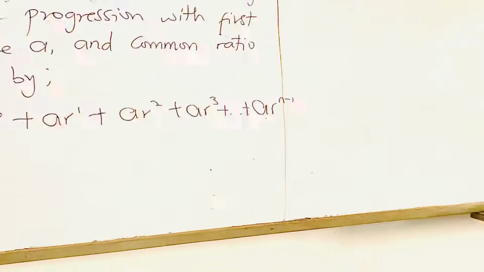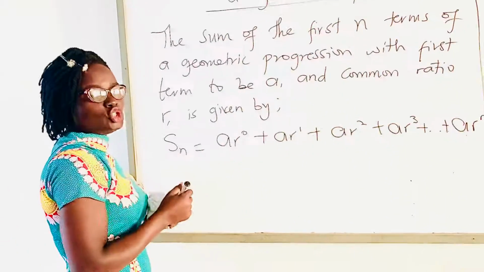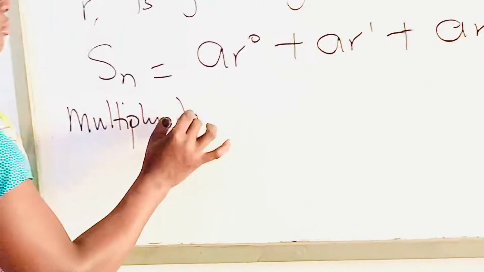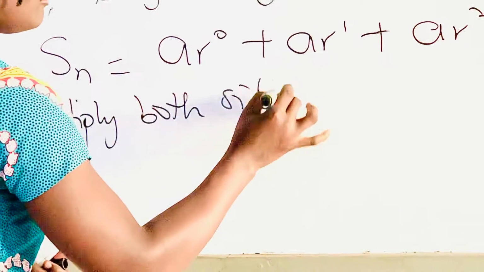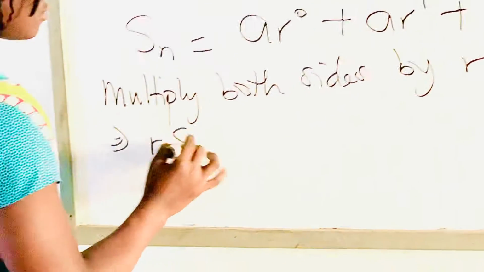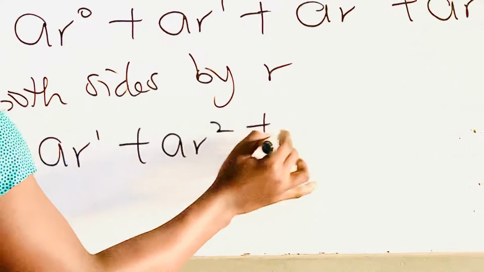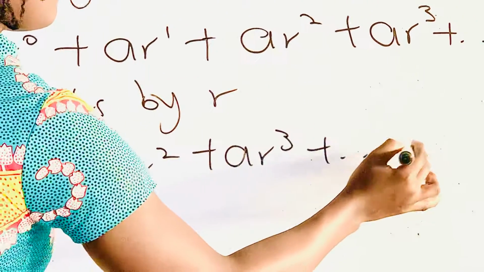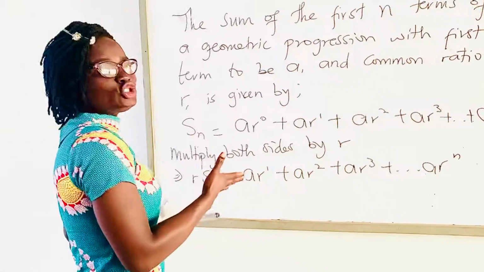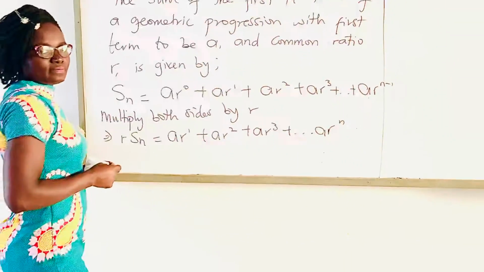So in this case, we are going to multiply through by our common ratio, which is r. Good. So multiplying through by the common ratio r, this is what we are going to get.